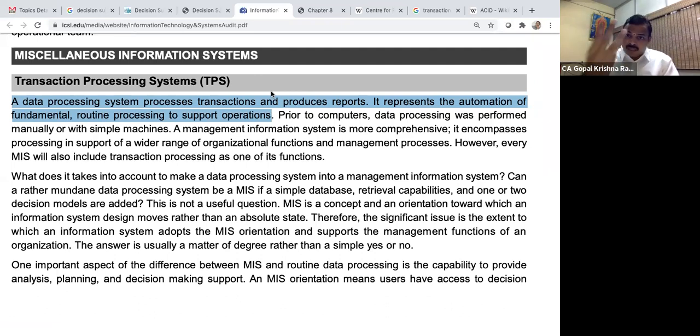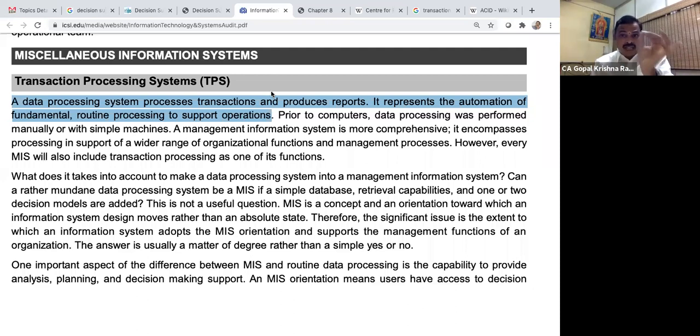Number 3, your accounting system, or all your operational recording systems like accounting, inventory, purchase, payables, everything. Or in simple terms, you can just say accounting system. That is our third.